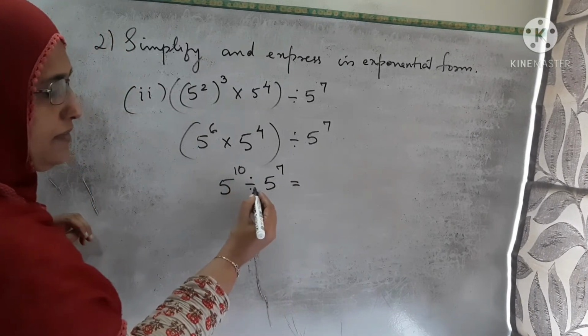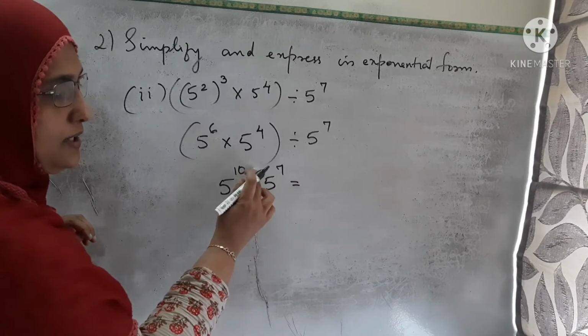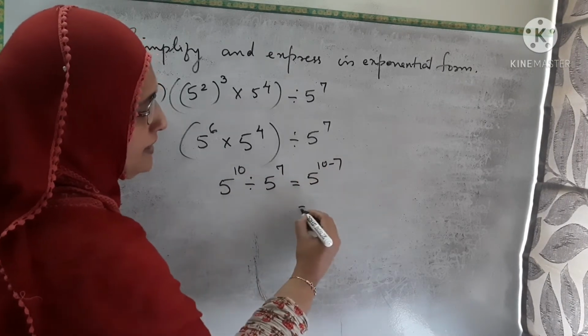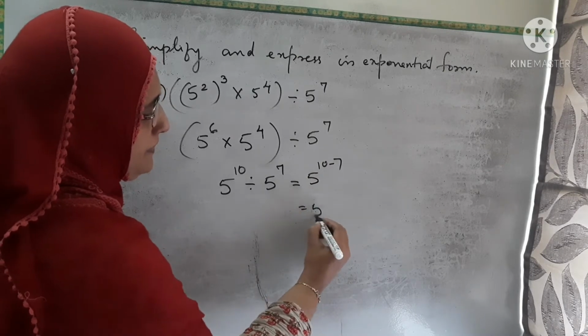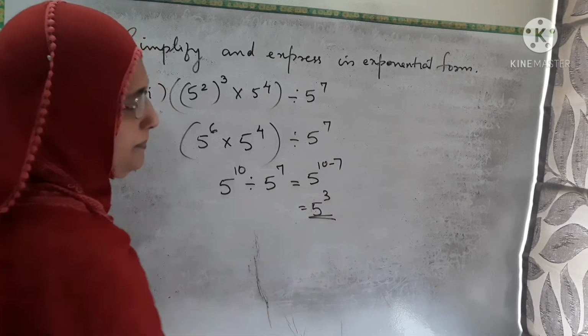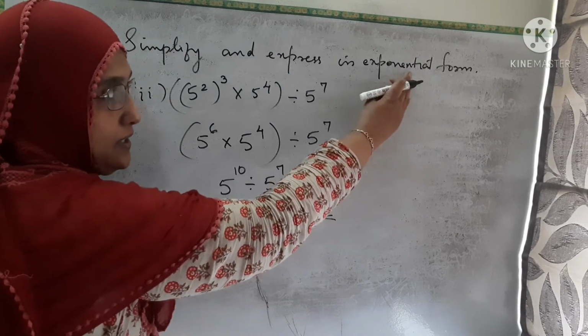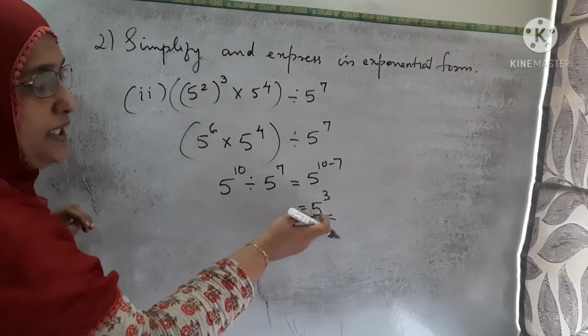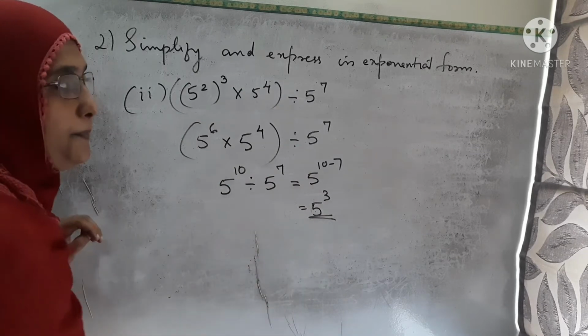Now a raised to m divided by a raised to n is a raised to m minus n. So 5 raised to 10 minus 7, that is 5 raised to 3. They ask in the exponential form, so you can write like this. Otherwise, if simply simplify is given, you have to find what is 5 raised to 3 and write.